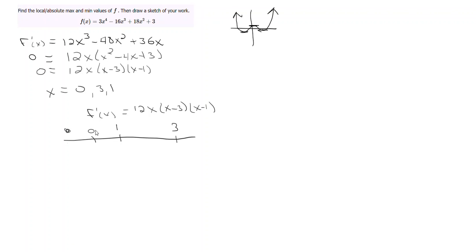Well, in that case, if I threw in, let's say, -1, or any negative number into this thing, then what we end up getting is f prime of x coming out as, well, 12. The 12 doesn't really matter here, but 12 times a negative, and then times a negative.